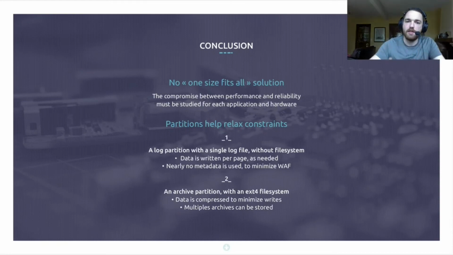You just write in a single log file all your data as needed and with nearly no metadata. So you minimize the write amplification factor as much as possible. And then on the second partition, typically an ext4 file system for reliability, you write the compressed archives to minimize the writes. Here, you have a lot more metadata, but it's a bit less of a problem because you write much less often on this partition.